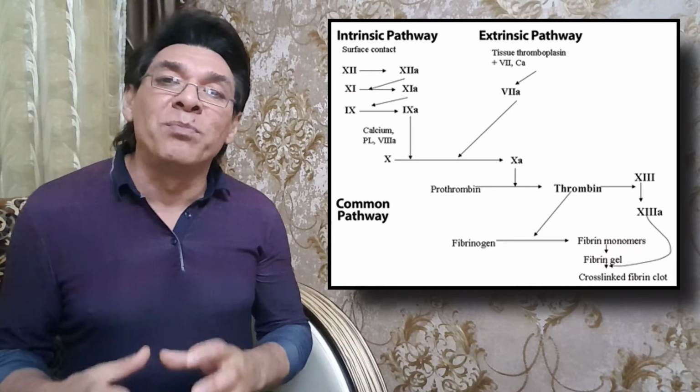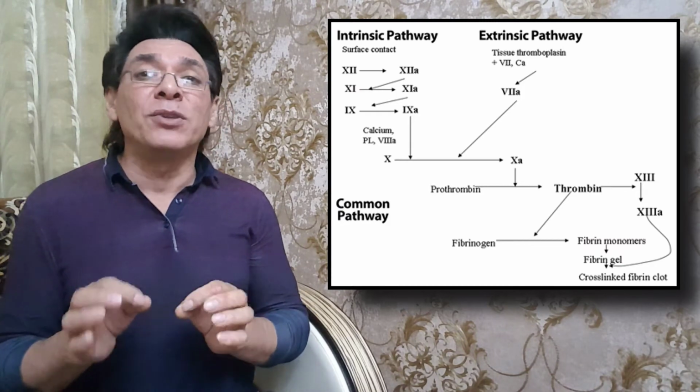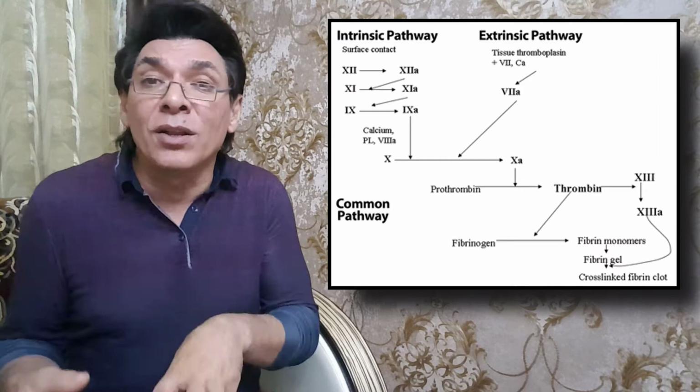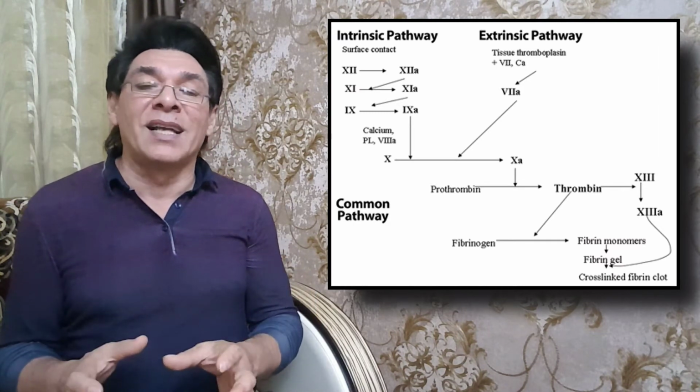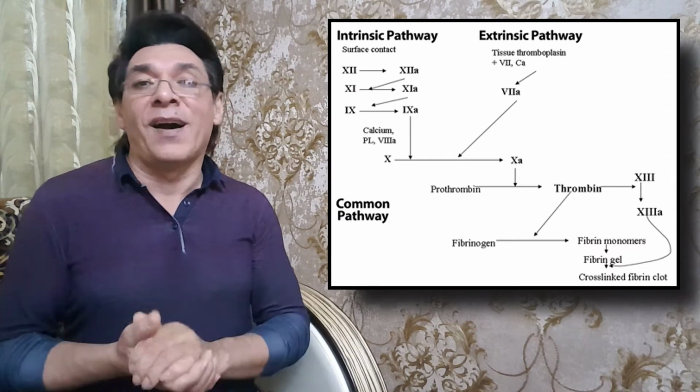Then thrombin converts factor 1, the soluble fibrinogen, into the insoluble fibrin protein strands. Factor 13 then stabilizes the fibrin clot.